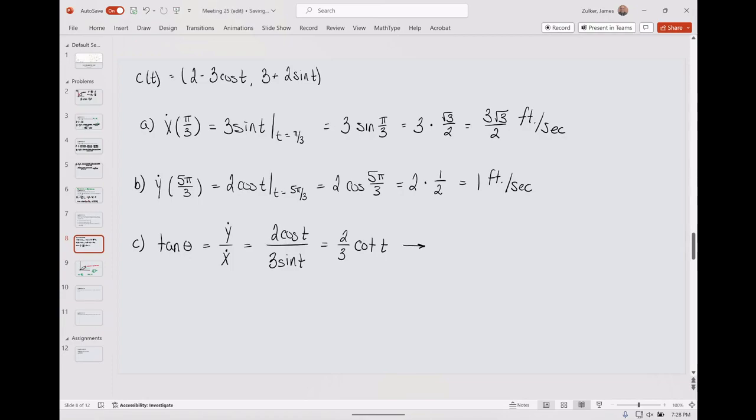Now use implicit differentiation, because we want theta dot. What's the derivative of tangent?